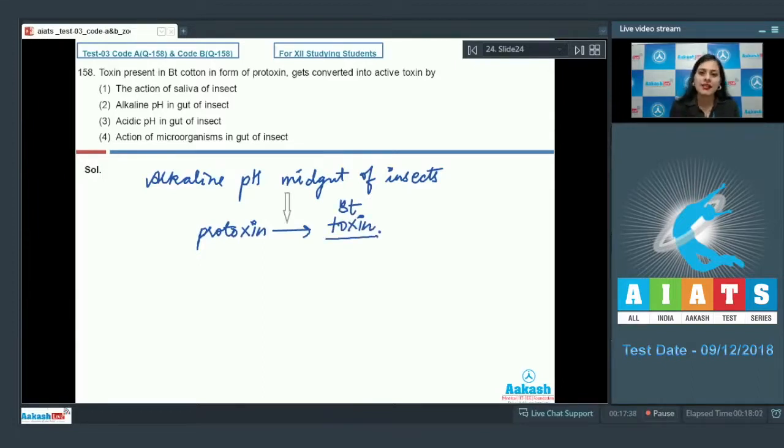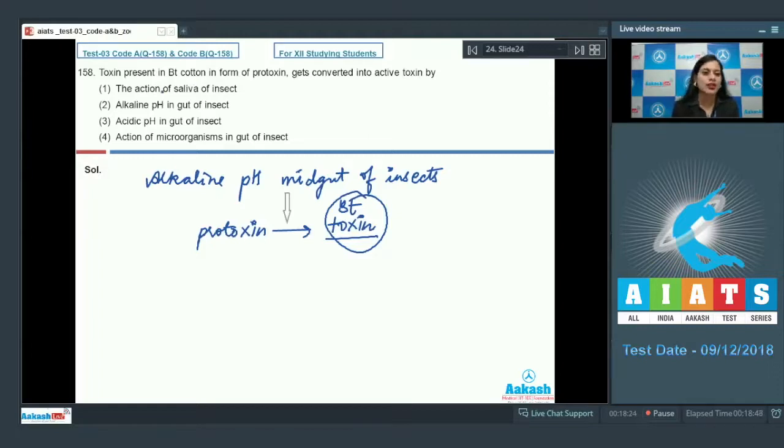And it is this active toxin which damages the epithelial lining of insect's gut and creates pores that cause swelling and lysis and eventually the death of that insect.